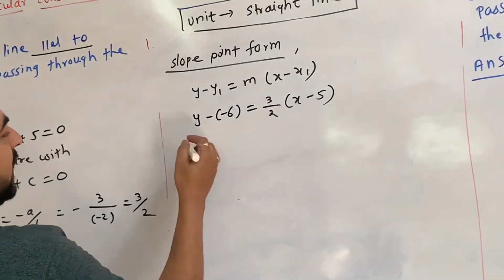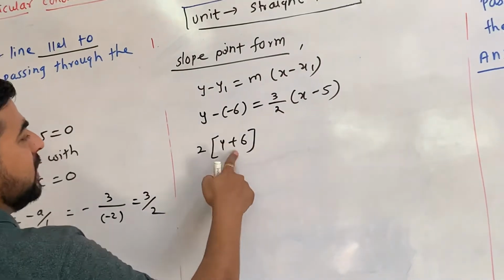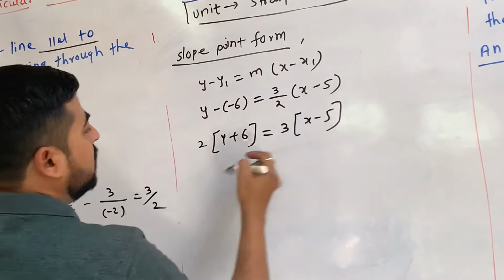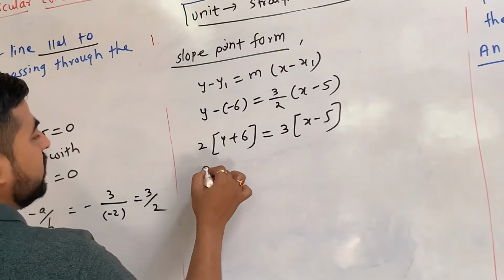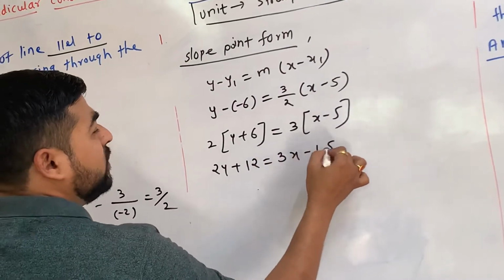Multiplying by 2 on the left side, y plus 6, minus minus gives plus, is 3 times x minus 5. Multiplying both sides by 2, 2y plus 12 is equal to 3x minus 15.